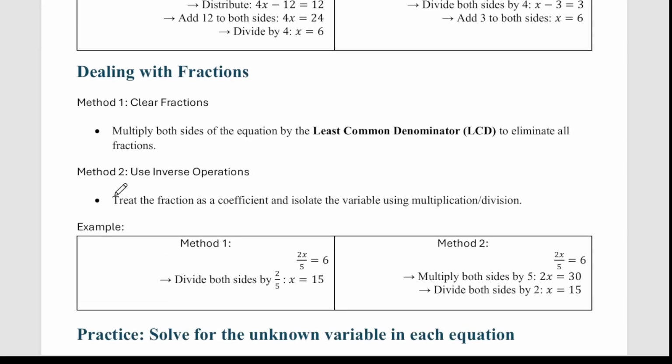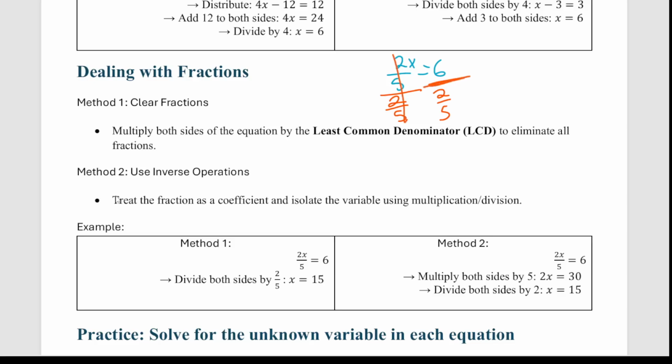If you're really, really comfortable with fraction operations, then you would say, oh, well, 2x over 5, that's the same thing as x times 2/5. I will undo that by dividing both sides by 2/5.